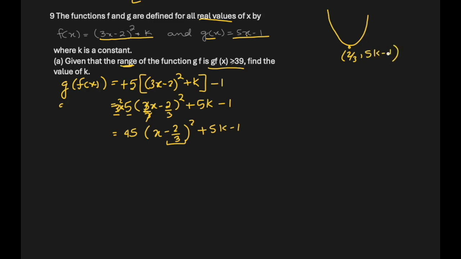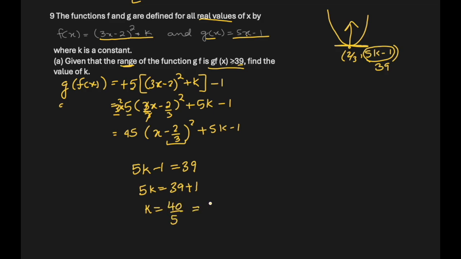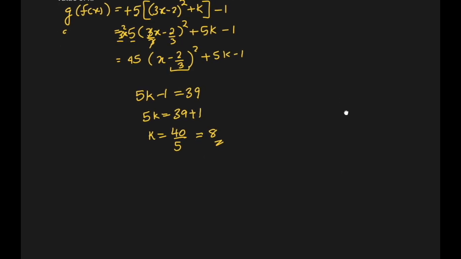They are saying that the range is greater than or equal to 39, which means this y value is actually 39. That means 5k minus 1 is 39, so 5k equals 39 plus 1, which is 40. So k will be 40 divided by 5, which is 8. We got 8. Let's move on to the next one.